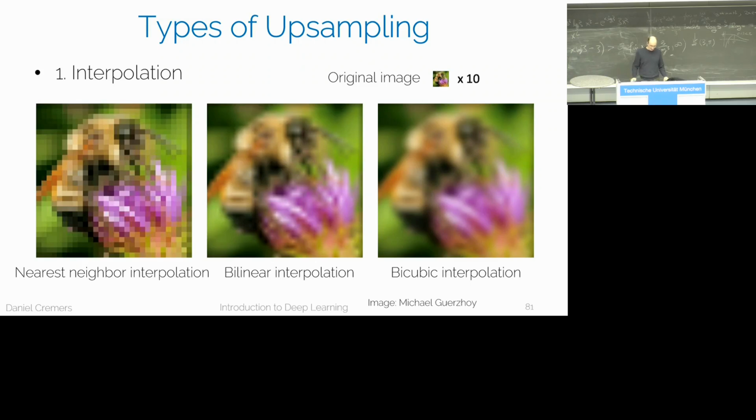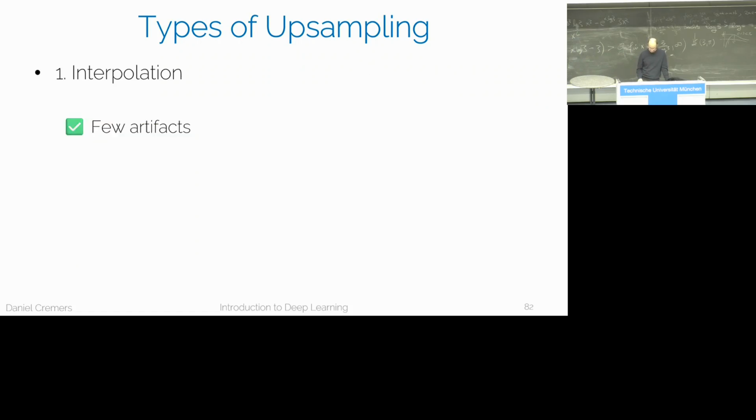If you don't like that, you can go to what's called bilinear interpolation or bicubic interpolation, which means you interpolate the neighboring colors with varying degrees of sophistication. That gives you these more blurry upsamplings. This is nice. It creates few artifacts. It mostly creates a certain blurring.